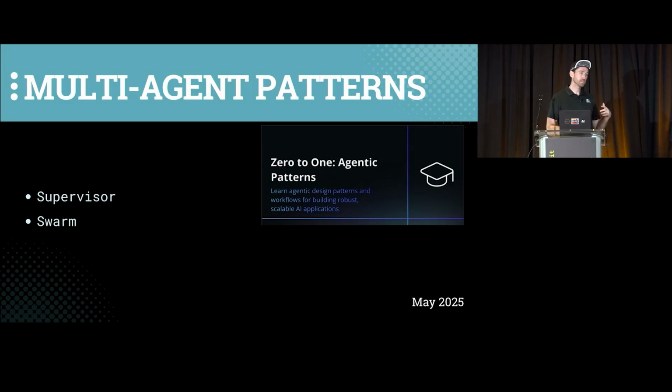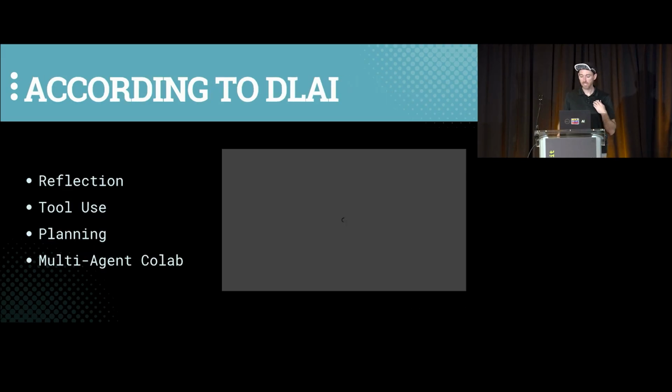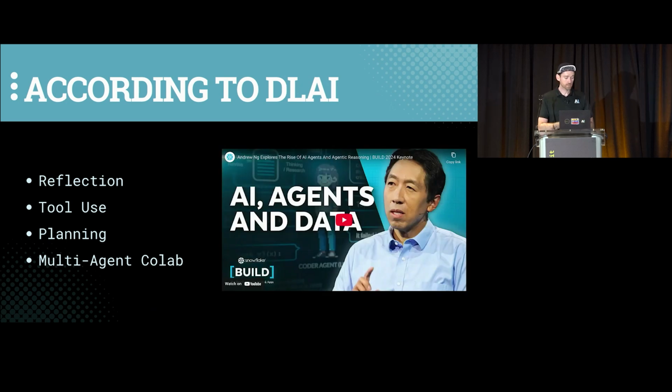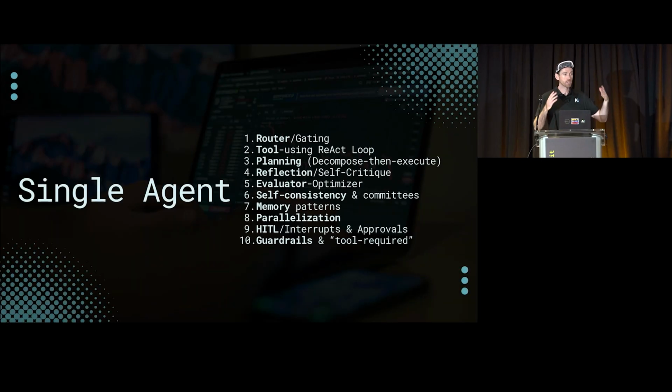You can have supervisors, and you can have swarms, and you can look at what LangGraph says, and what Andrew Ng says, and you can put all this stuff together into big lists, and you can feel good about all of the stuff you know about agents. And that's dope, I guess, but have you made any cash on this?